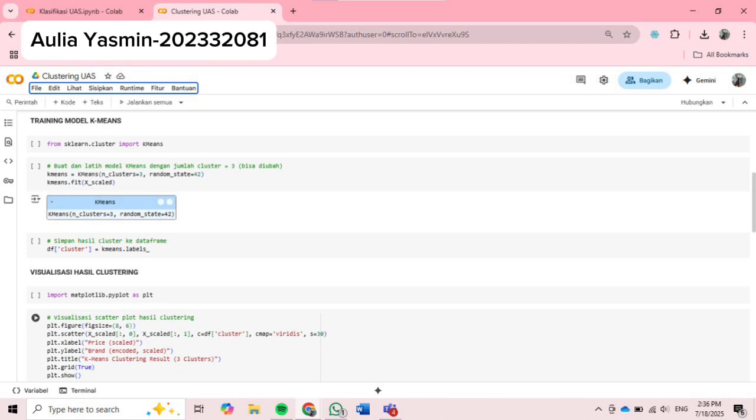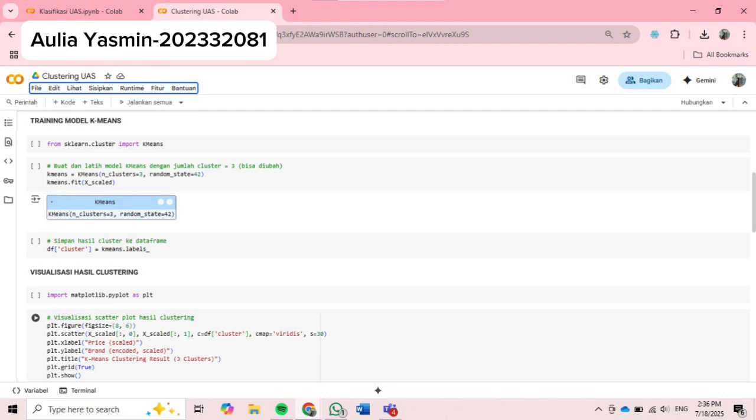After scaling the data, I applied the K-means algorithm to group the skincare products into 3 clusters. The number of clusters, K=3, was chosen based on intuition and domain knowledge to represent 3 potential product segments: budget, mid-range, and premium.